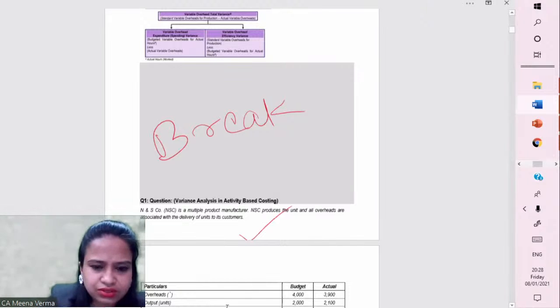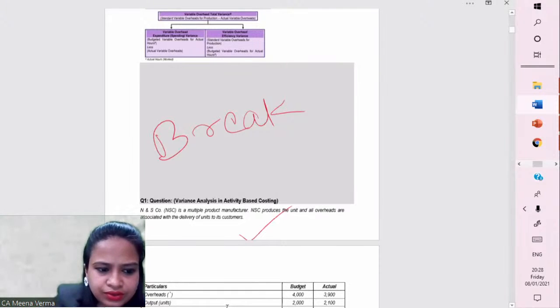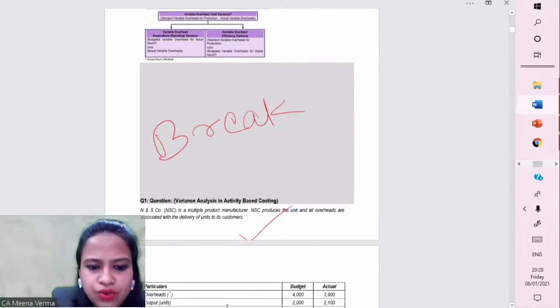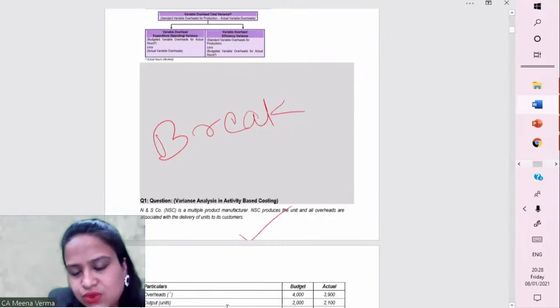Sorry, I made it wrong. It is the standard cost for actual activity minus the actual cost for actual activity.